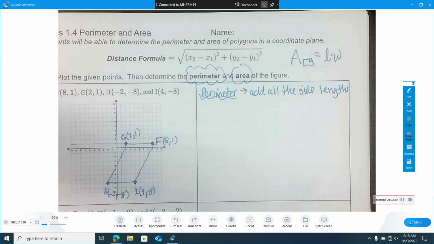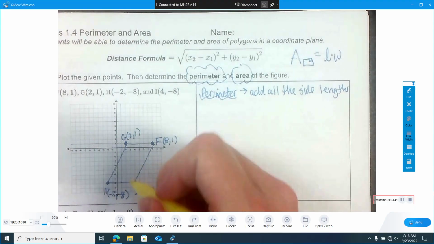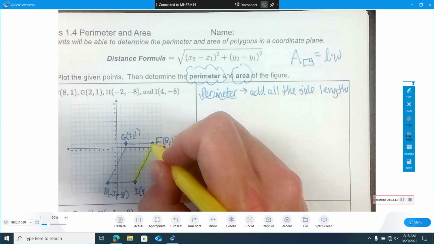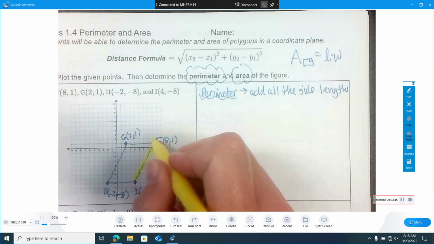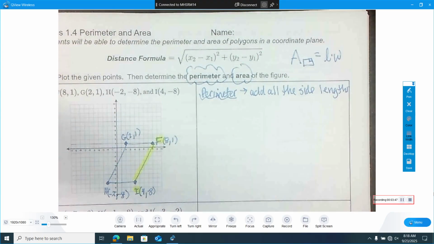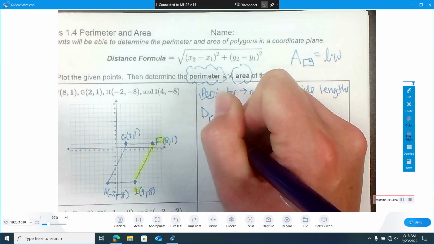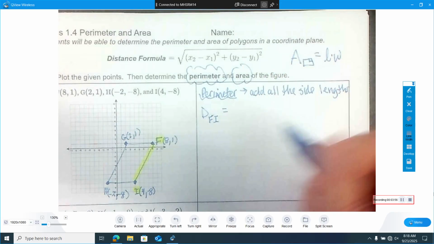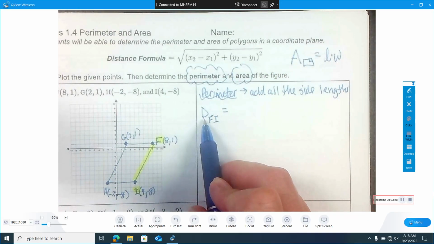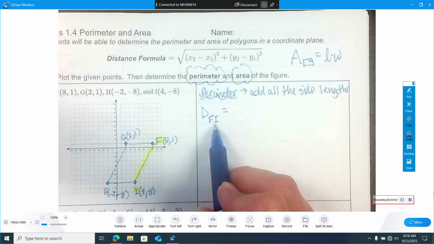So what I'm going to do is look at the length of this side right here, which uses point F and point I. So I want to find the distance between point F and I. And this is how I denote that: I want to use the distance formula to find the length of segment FI.